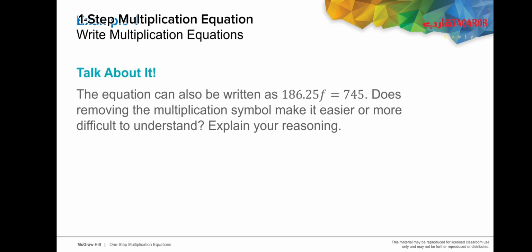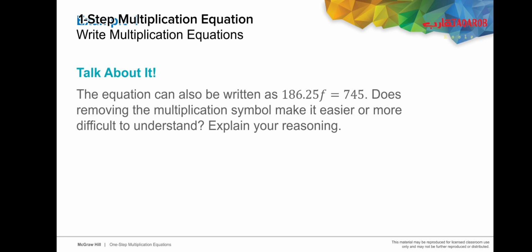Now, it's better to write the equation by putting the number first, which you will later know I call the coefficient. After that, I will put the variable. This is how life problems or even math problems are written. You should start with the number, and after that put the variable.